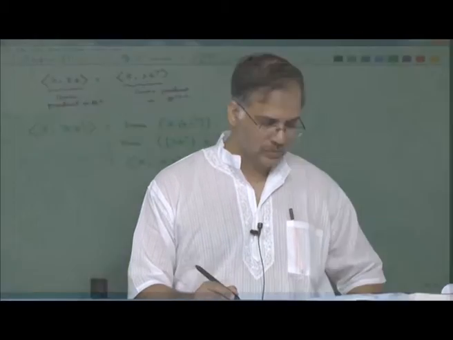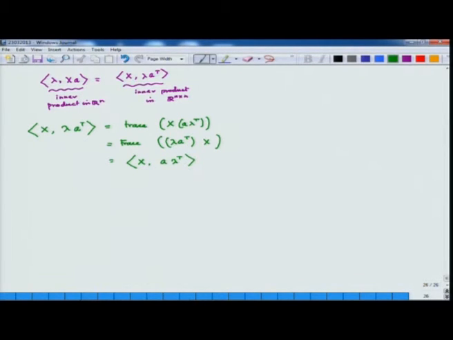Once you have seen this, I can also write lambda x A as x of A lambda transpose plus lambda A transpose, these are matrices, divided by 2.